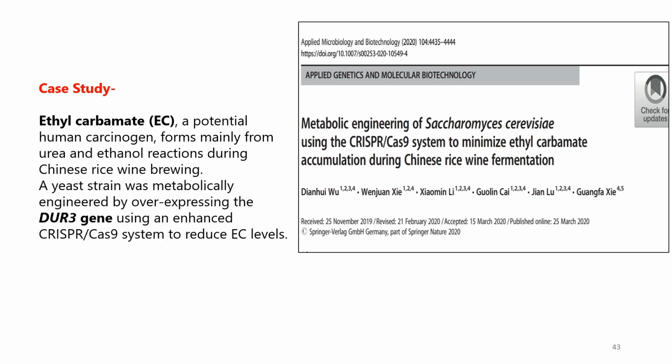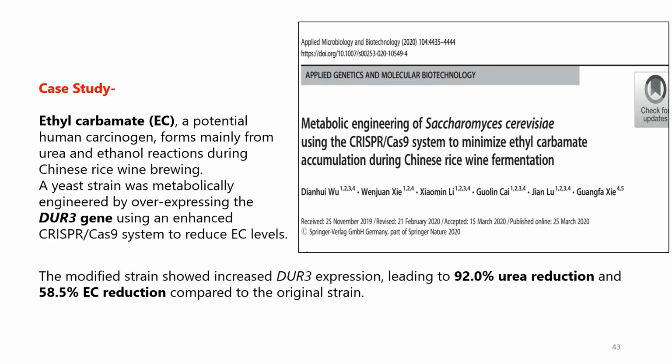A yeast strain was metabolically engineered by overexpressing the DUR3 gene using an enhanced CRISPR-Cas9 system to reduce ethyl carbamate levels. The modified strain showed increased DUR3 expression, leading to 92% urea reduction and 58.5% EC reduction compared to the original strain.